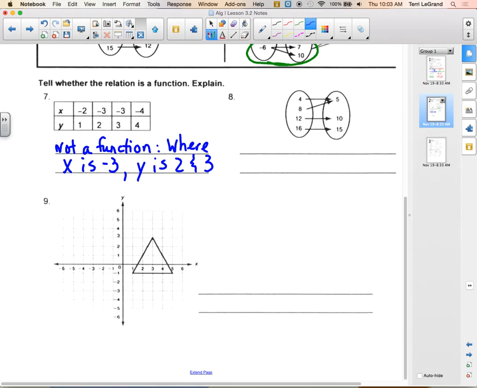Does it have any other y values? No, this is a function. So we would say function, and we would give our reason. Each x has only one y. In other words, the domain values can only be paired up with one range value.